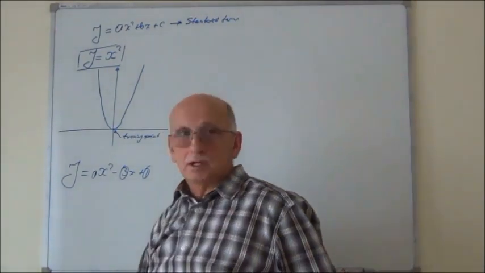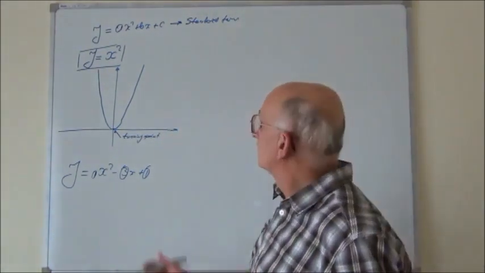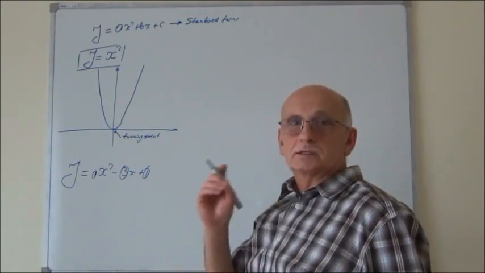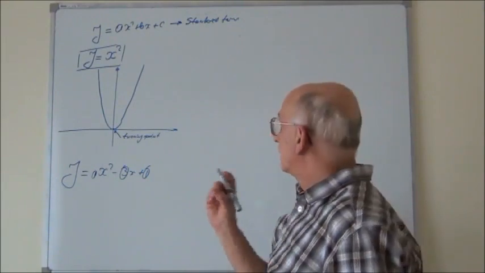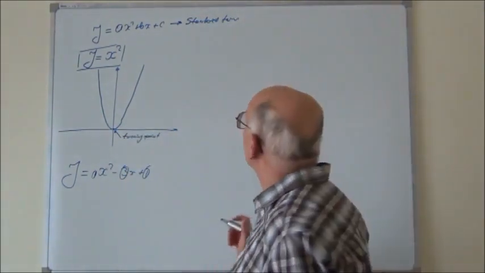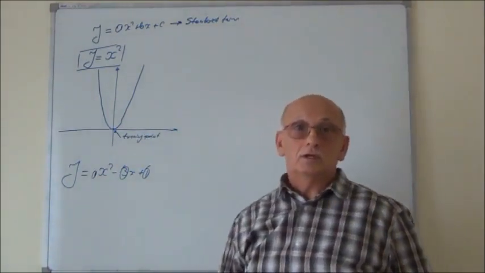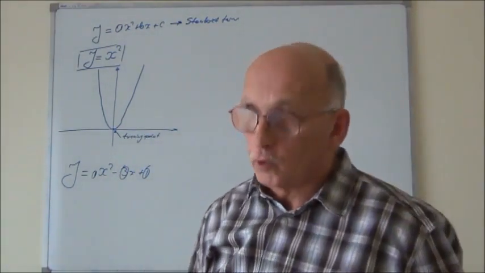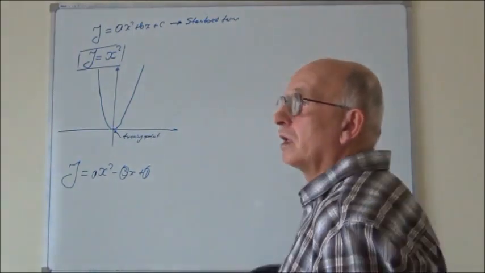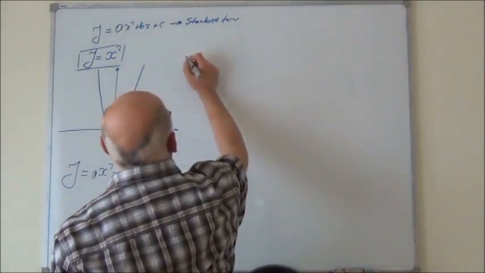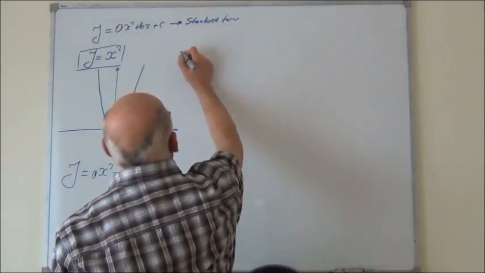To be able to see that, definitely we need some different form that will tell us exactly everything, how to transform this graph to that graph. And that form is the so-called turning point form. So I will copy the standard form again.